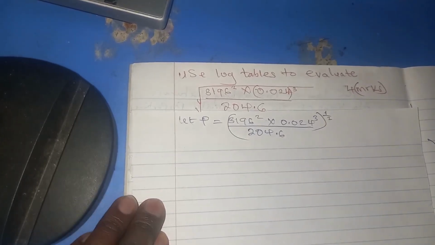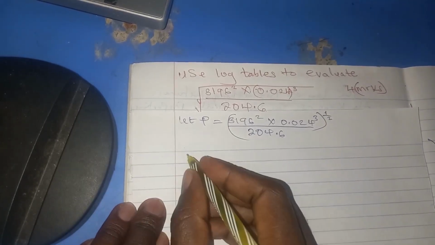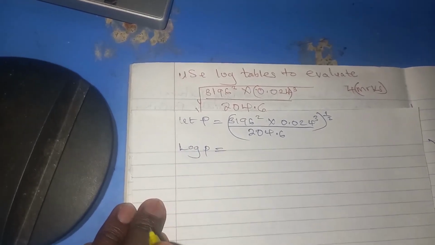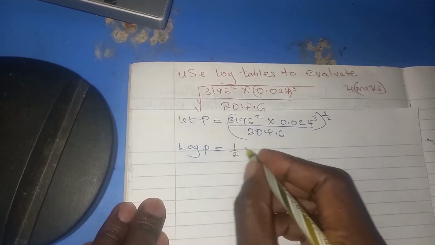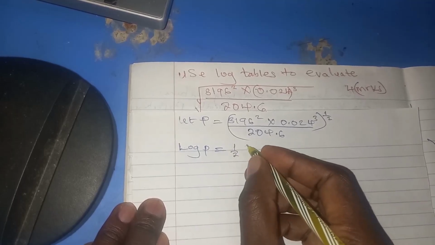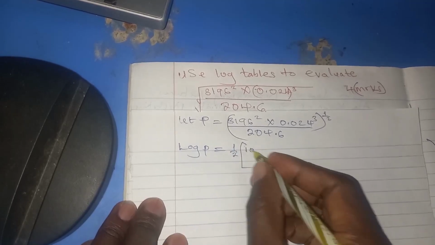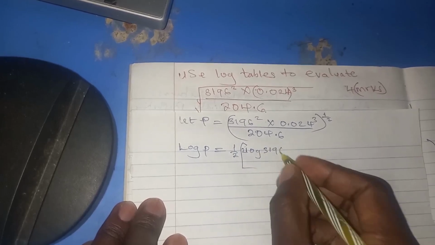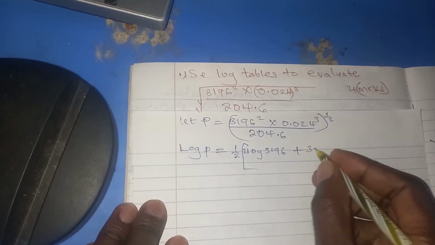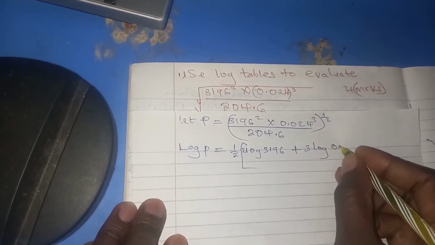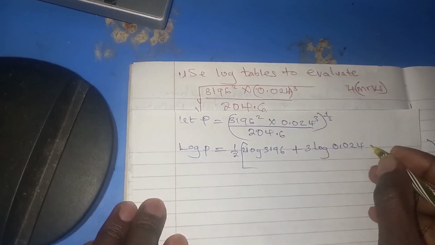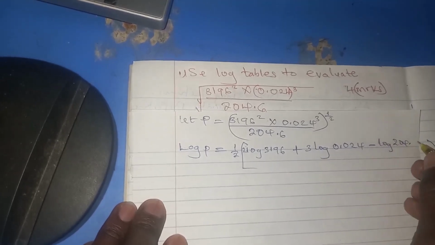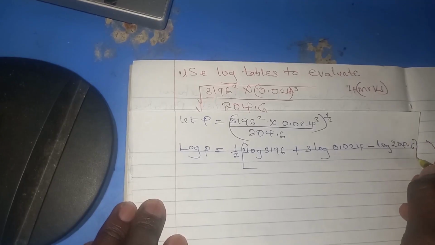From there we introduce logs and we say log P is going to be half in bracket log, that is 2 log 3196 plus 3 log 0.024 minus log 204.6. Close our bracket.